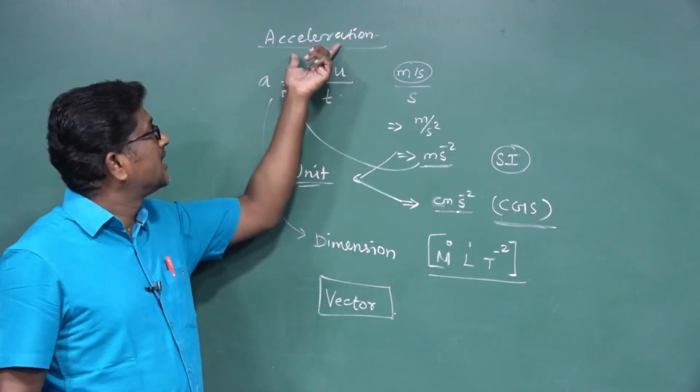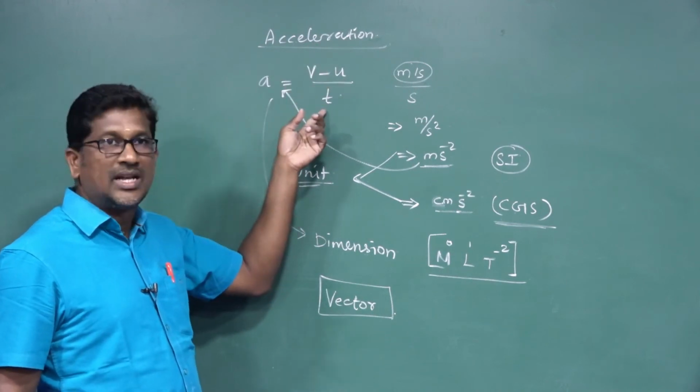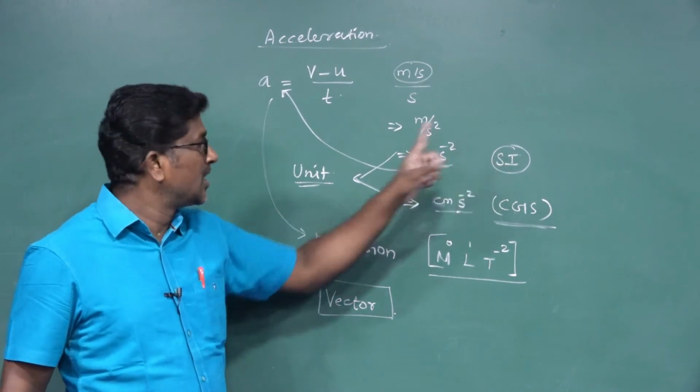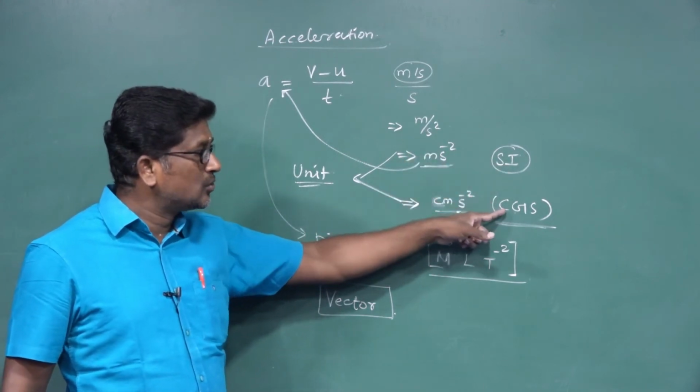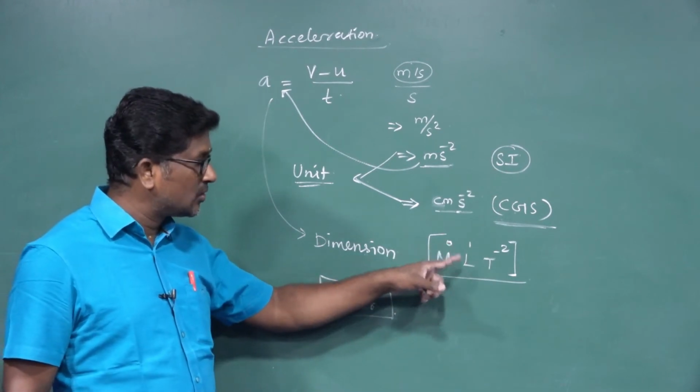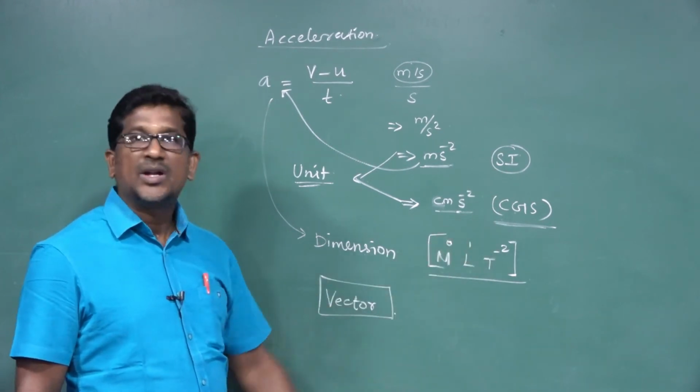So acceleration is nothing but the rate of change of velocity. Its unit is meter second power minus 2 in the SI system and centimeter second power minus 2 in the CGS system. And its dimensional formula is M power 0, L power 1 and T power minus 2.